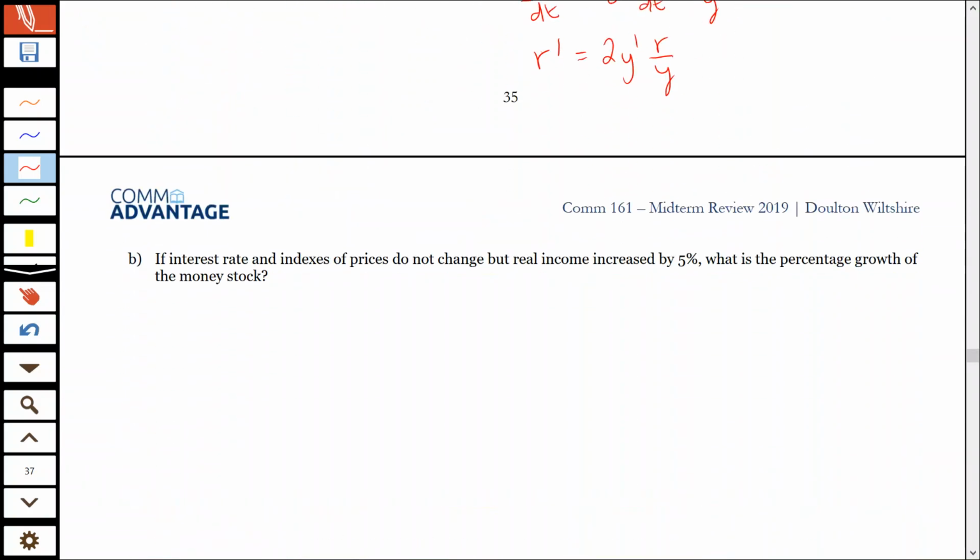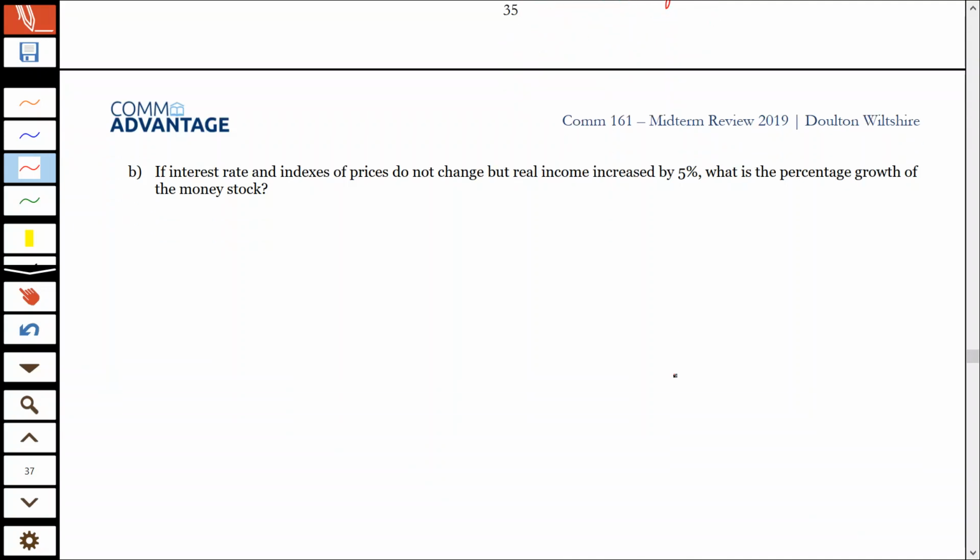The other way is where it actually gives us some percentages. It tells us if the interest rate and prices do not change, but real income increases by 5%, what's our percentage growth of the money stock?